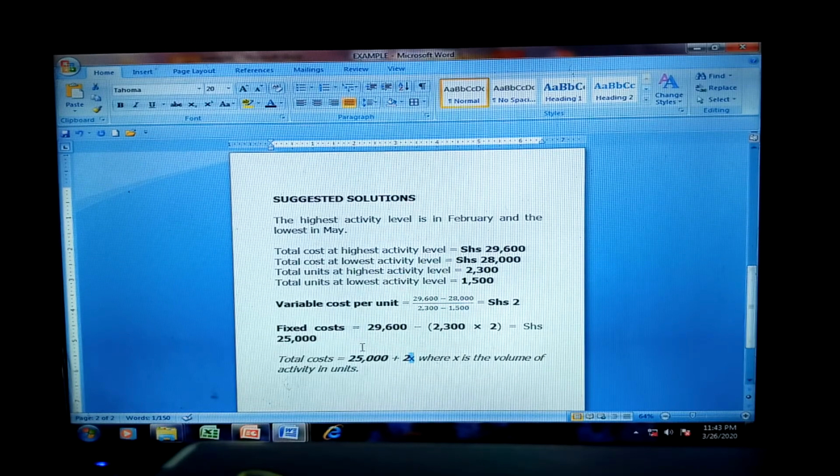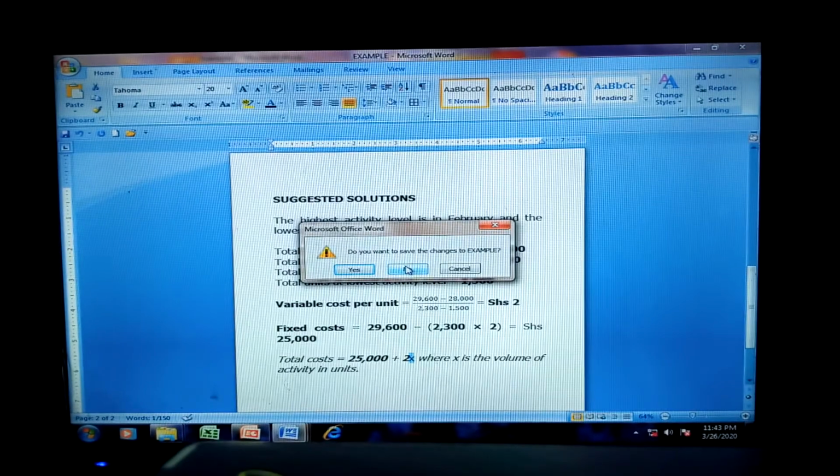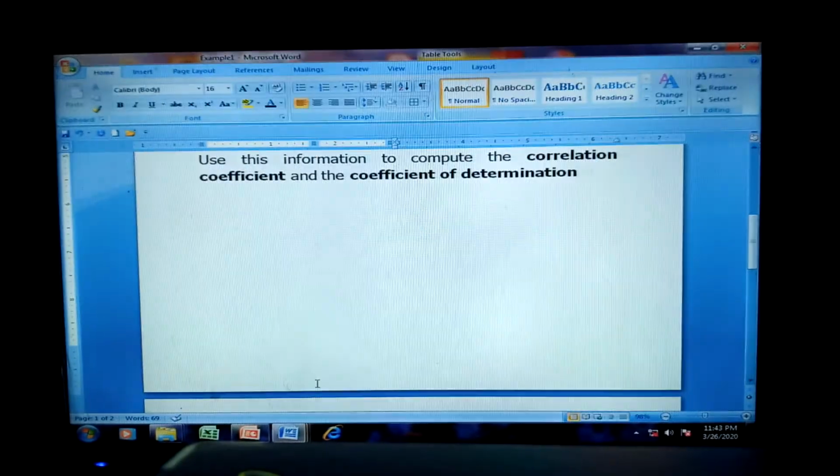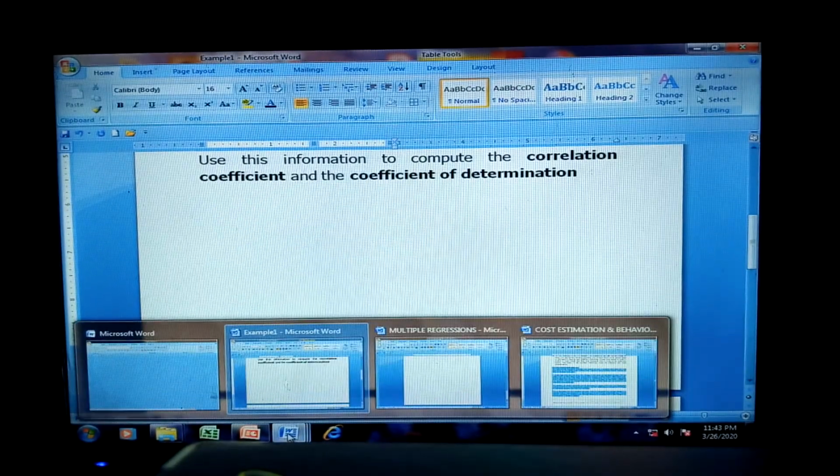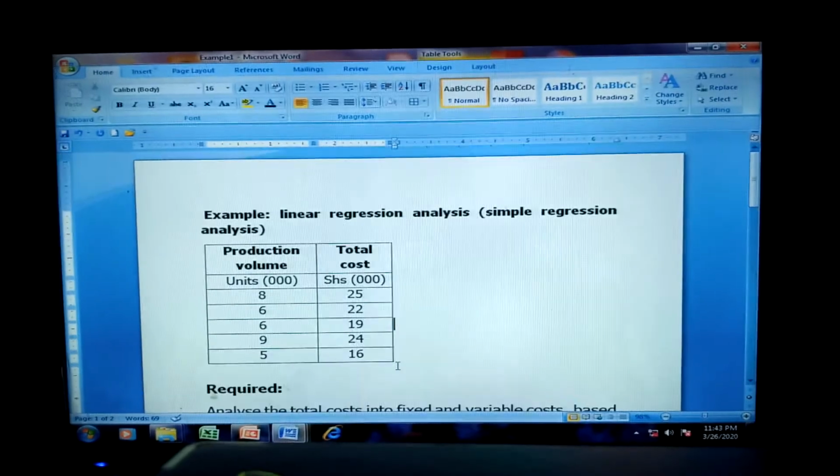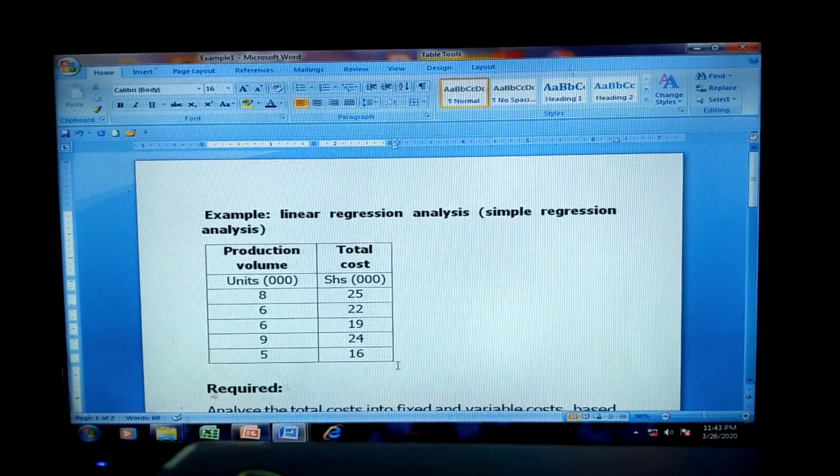Then from the high-low method, let me take you to the least squares method. How to use the least squares method. Now, under the least squares method or under linear regression analysis, I'll start with a simple regression analysis.